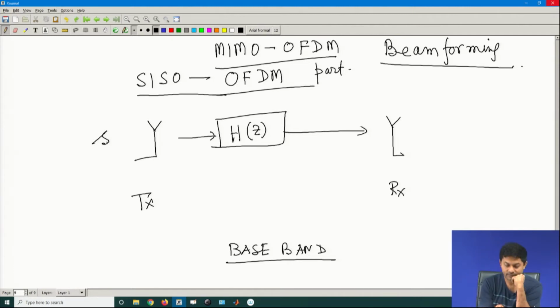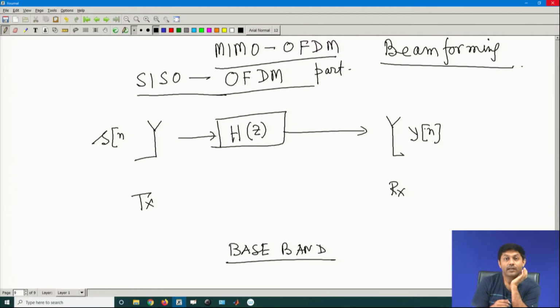Let us say s[n] will be going there, and here I will be taking r[n] or y[n]. You can write y[n] also, because consistently we were using the notation y[n]. r[n] was more after the post equalization. So, this is what the data is.